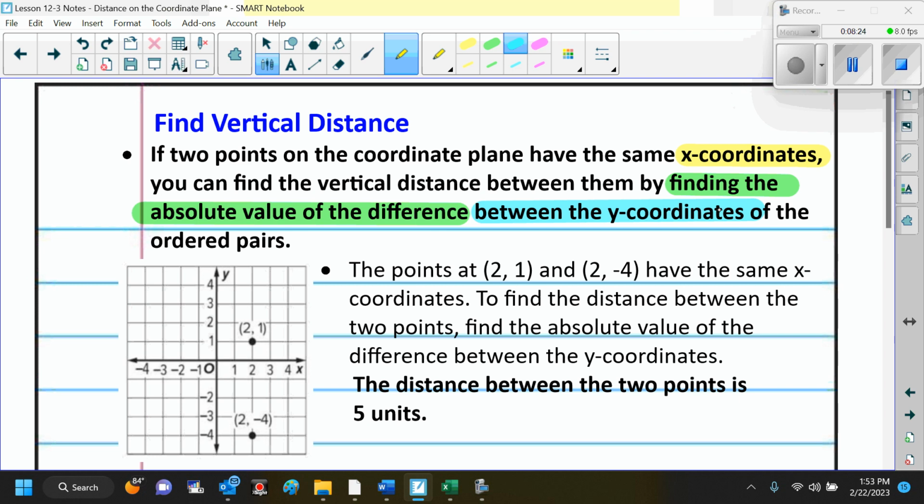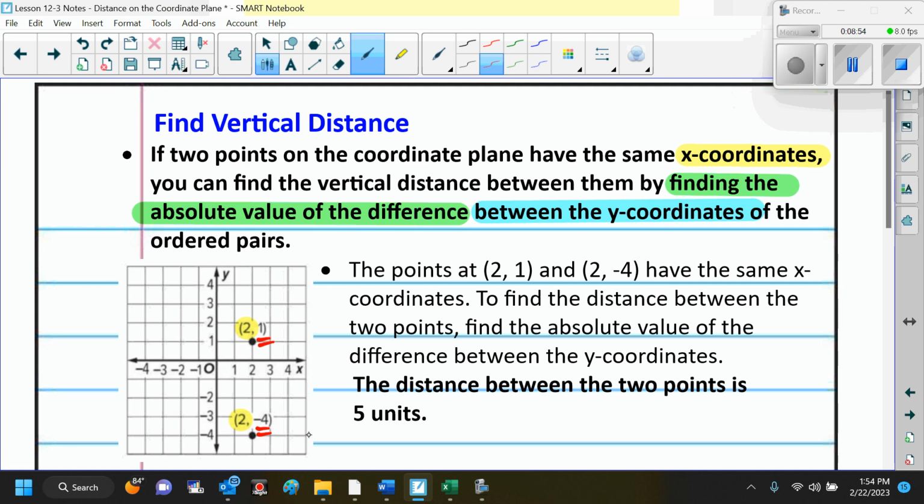Just the opposite of what we did with the horizontal distance. Okay, so here we've got 2 ordered pairs. We've got (2, 1) and (2, -4). So you can see that the x values are the same. So that means we're going to use the y values to calculate.